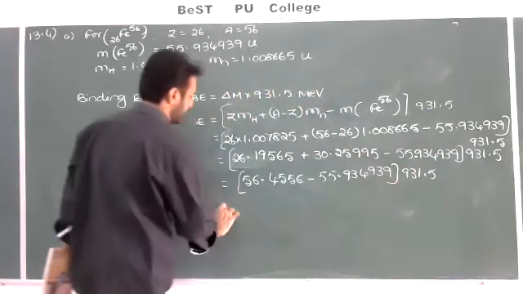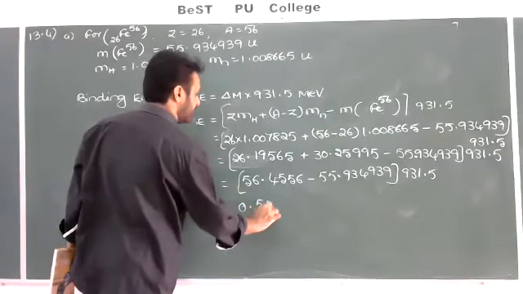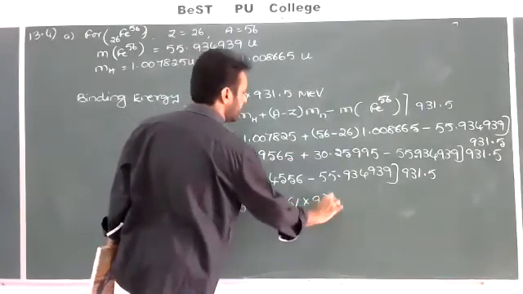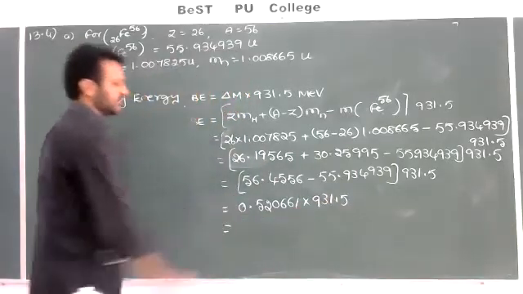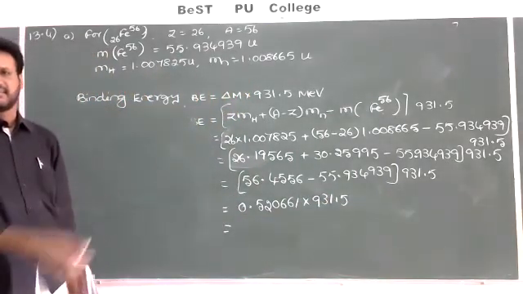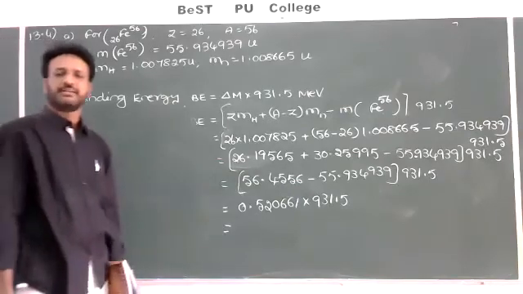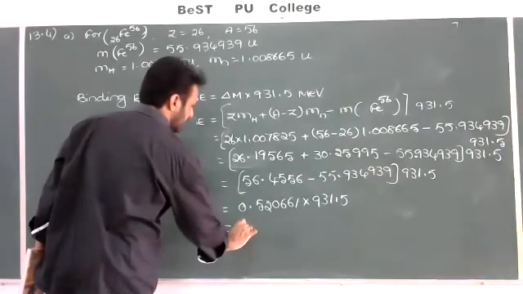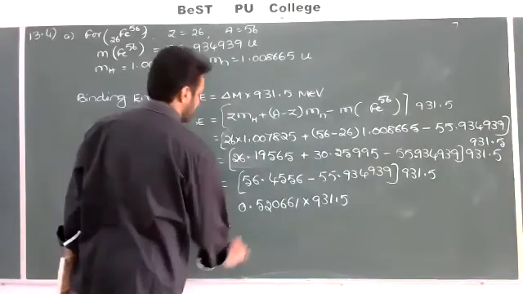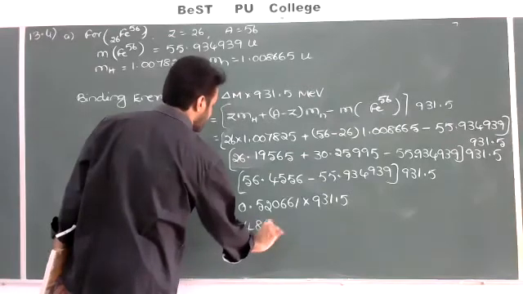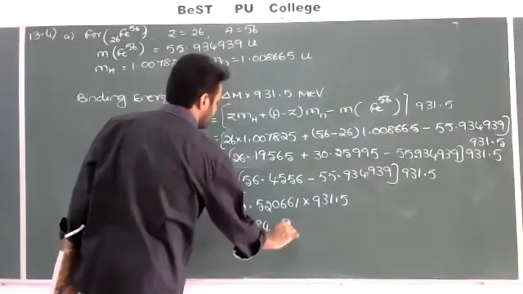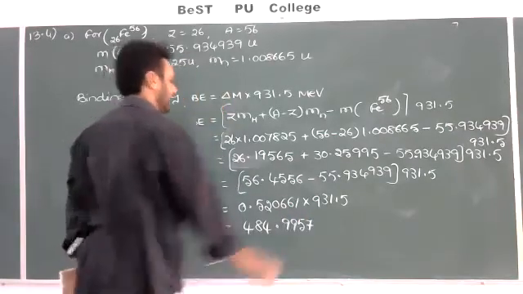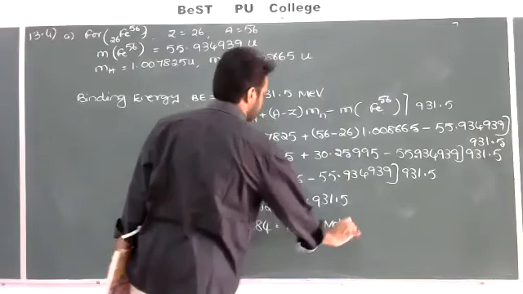That is 0.520661 into 931.5. Now multiply both numbers: 931.5 into 0.520661. Correct? That gives 484.9957, right? That is in MeV, mega electron volt.